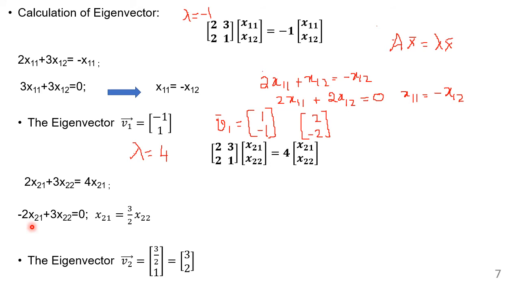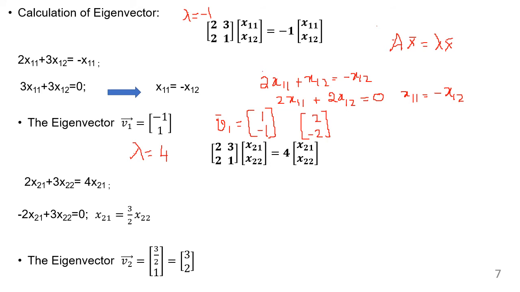Bringing 4x21 to the left hand side, we get minus 2x21 plus 3x22 is equal to 0. So therefore, you have x21 is equal to 3 by 2 x22.